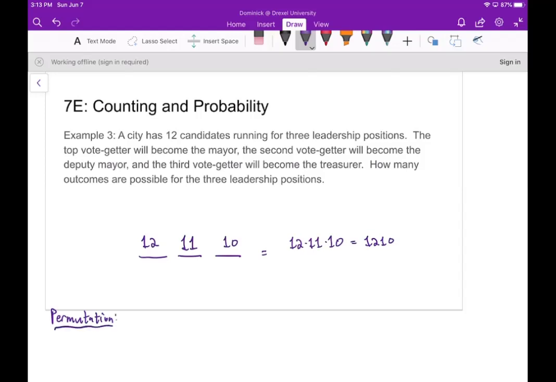Now, if you think of this in terms of a permutation, since we have, how many outcomes are possible for the 3 leadership positions, note that the order does matter here, right? Because if you have A, B, C as your top 3 vote getters, that's different from C, A, B as your top 3 vote getters.